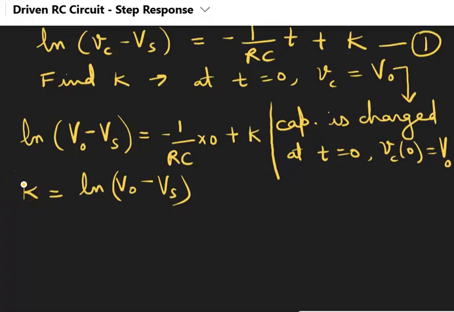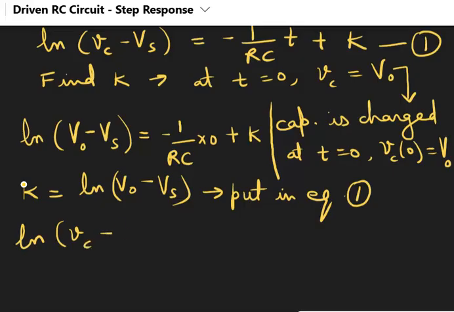Substitute this k in equation 1. So it will become ln(Vc minus Vs) equals minus 1 by RC t plus ln(V0 minus Vs).